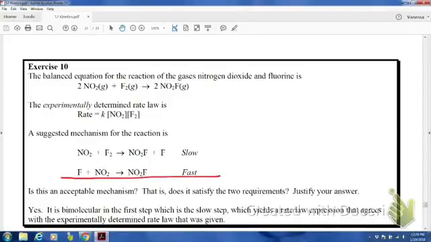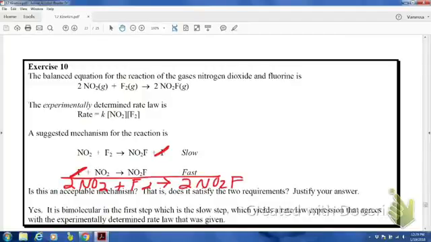What crosses out? All of it. Yes, that's right. F crosses out. F crosses out. And that should be it. So we add it up, we get 2 NO2 plus F2 yields 2 NO2F.